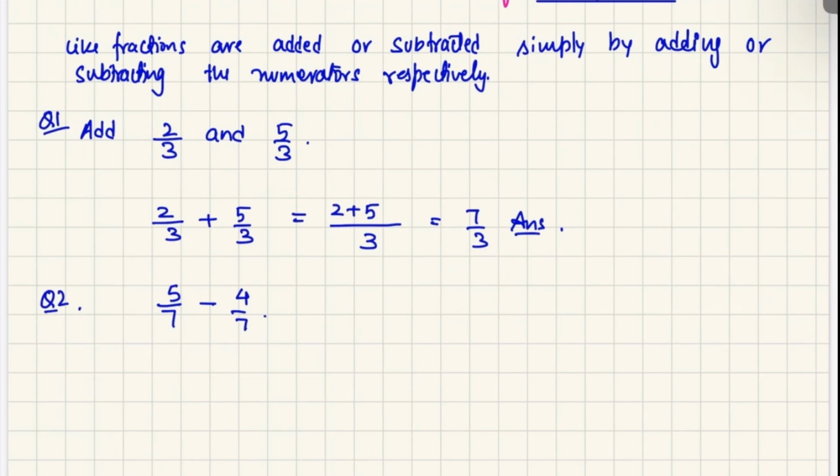So these are two like fractions. So in case of like fractions, you simply have to keep the denominator as it is, that is 7, and then just subtract the numerator, which becomes 1 by 7, which is our desired result. I hope this is clear to you all. Okay, moving ahead, this is how you can work. There are a couple of questions I'll give you for this as well.